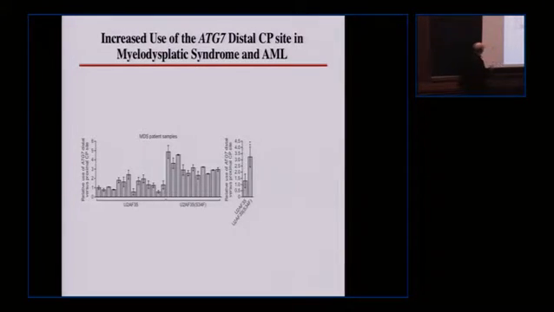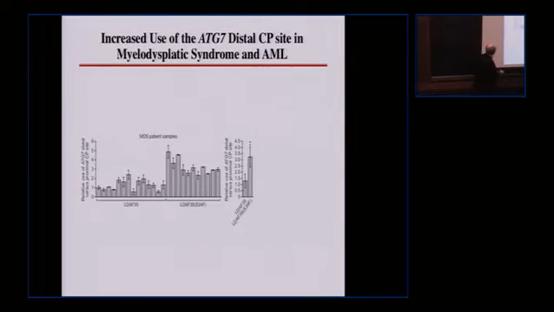And what we're doing here is comparing, in bone marrow samples from these MDS patients, use of the ATG7 proximal versus distal CP site in those cases which have wild-type U2AF or contain the oncogenic form of U2AF. And you can see we see a statistically significant increased use of the distal CP site that is very similar to what we observed in our experiments.